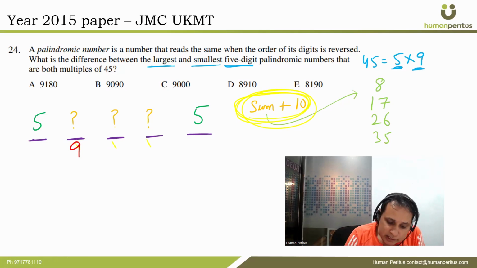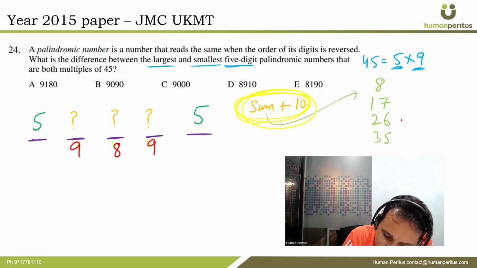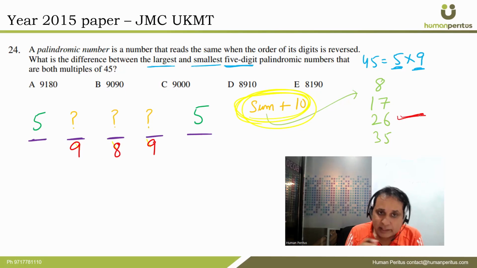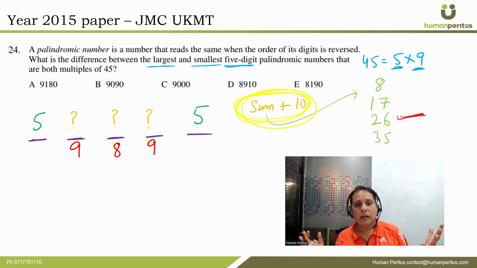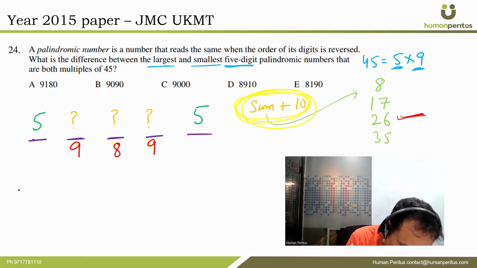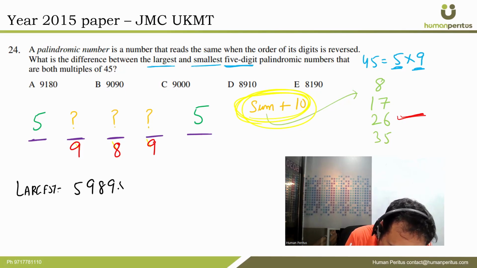If this is 9, then this also has to be 9. Now 9 plus 9 is 18, and the sum can be 8, 17, 26 or 35. So I can take 8, because 18 plus 8 makes 26. And I get my largest number: 59895. What about the smallest number now?